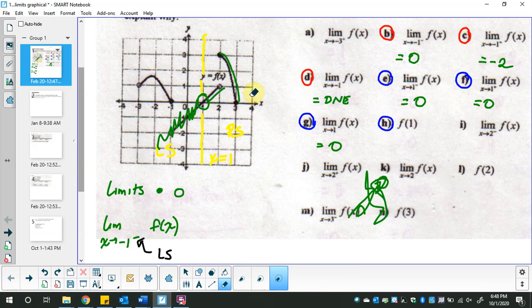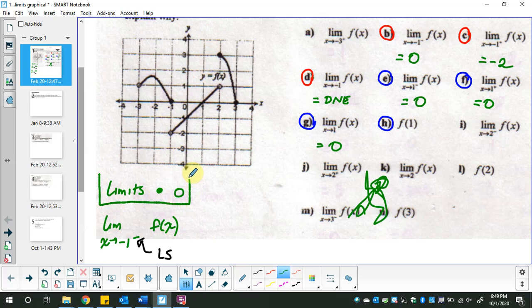Now, possibly one of the hardest questions on this page is questions like H. Although it is very important that limits give you answers whether it's a dot or a circle, if I give you an f at x and I specify an x, you're only allowed to talk about the dot.